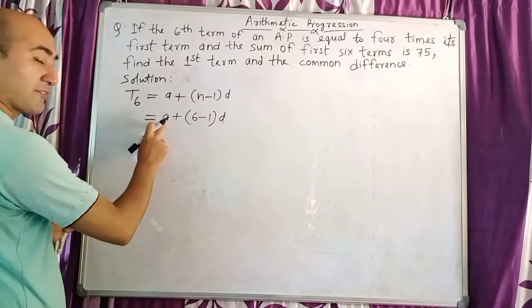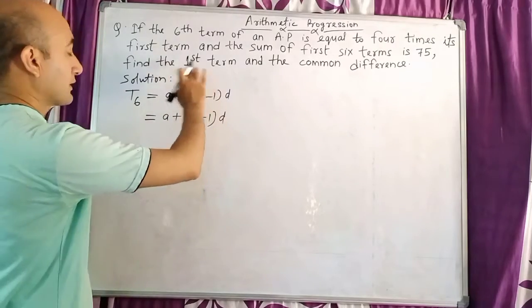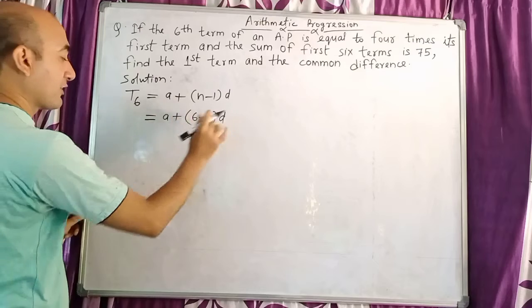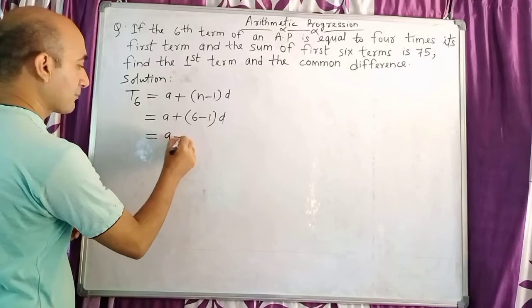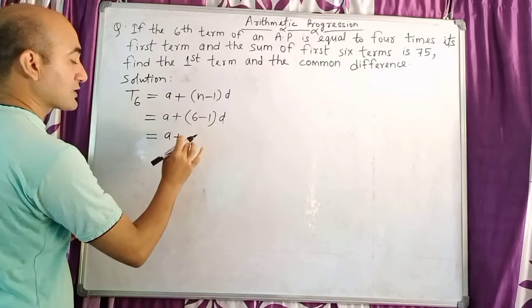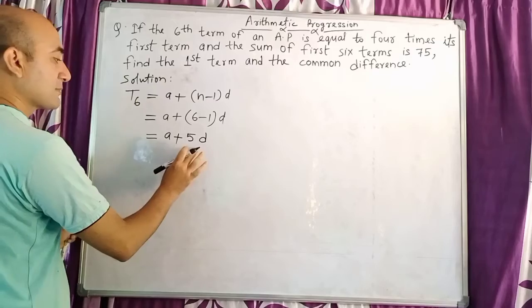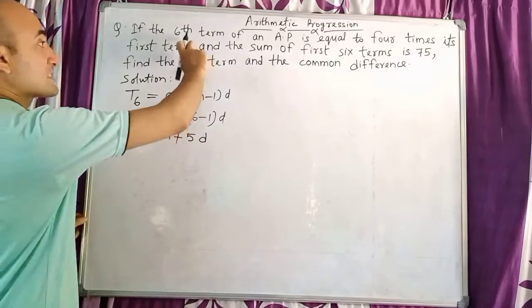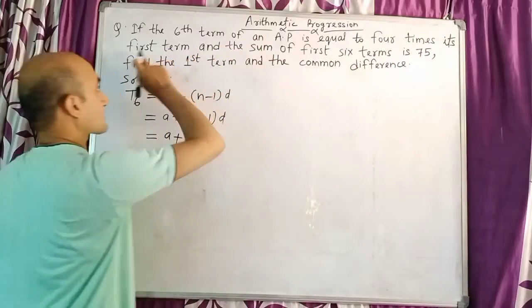Now I don't have any value of A and D. I do not know, because later on I will tell you how to find the value of A and D. Now, A plus 6 minus 1 is 5. 5 into D is 5D. So my sixth term is here, and this sixth term is equal to 4 times its first term.